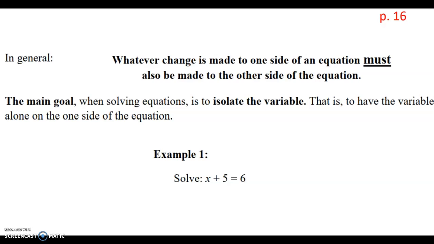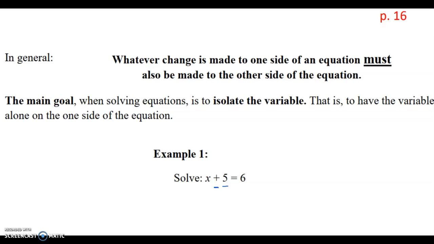And when we look at our first example, x plus 5 is equal to 6, well, we need x by itself on the left-hand side. So we always ask ourselves, what are we doing to x? In this case, I'm adding 5 to x. So in order to get rid of that 5, I'm going to kick it over to the other side. So I have to do the opposite operation.